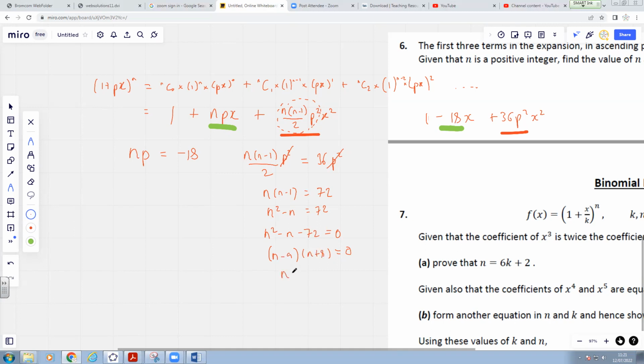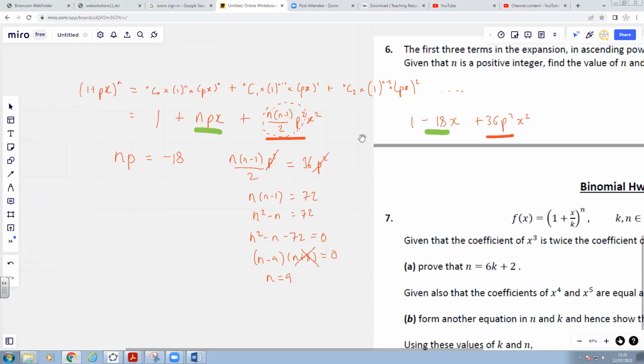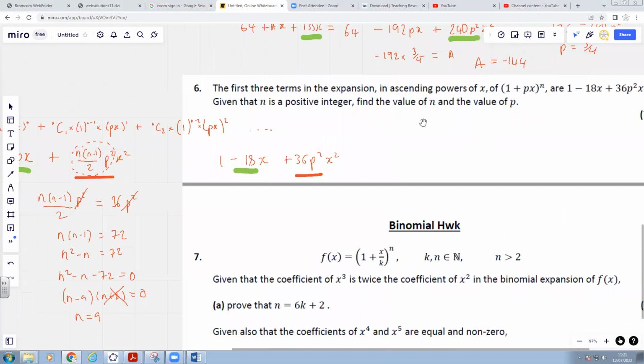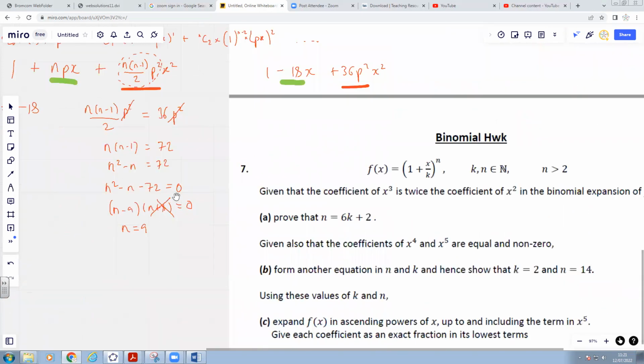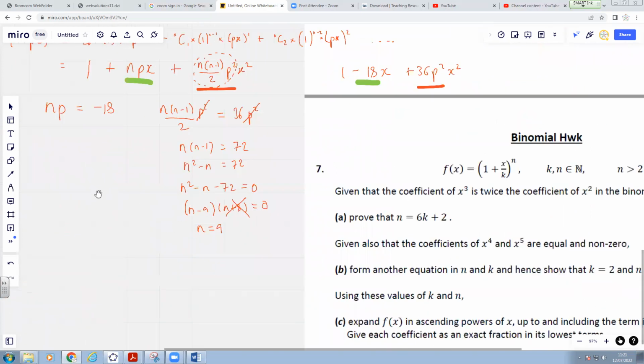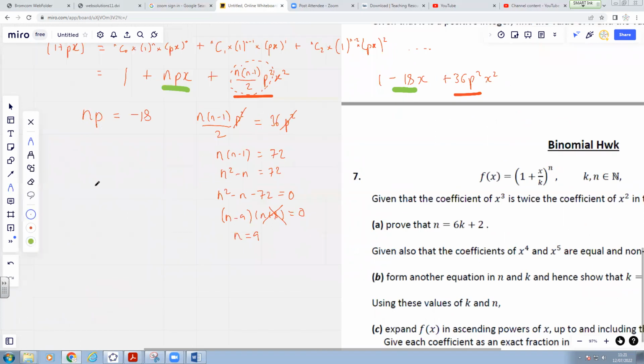And so n equals 9. I ignore the minus 8 solution because n is a natural number. It told me it's a positive integer, and that is not a positive integer. So n equals 9, and therefore, once I plug n equals 9 into here, I get p equals minus 2. And the whole question is done.